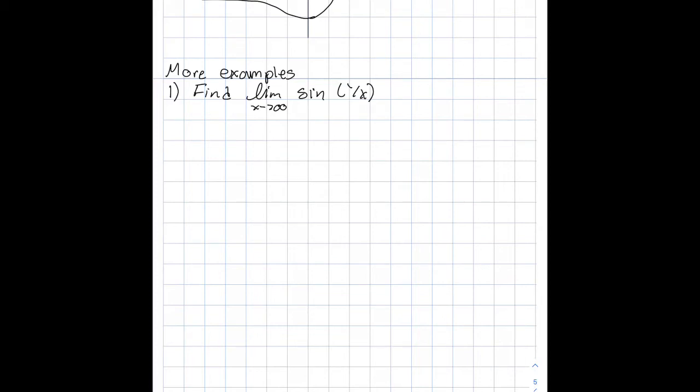So the first example we're going to do is the limit as x approaches infinity of sine of 1 over x. We learned last section in continuity that sine is a continuous function, and so we can move the limit on the inside.